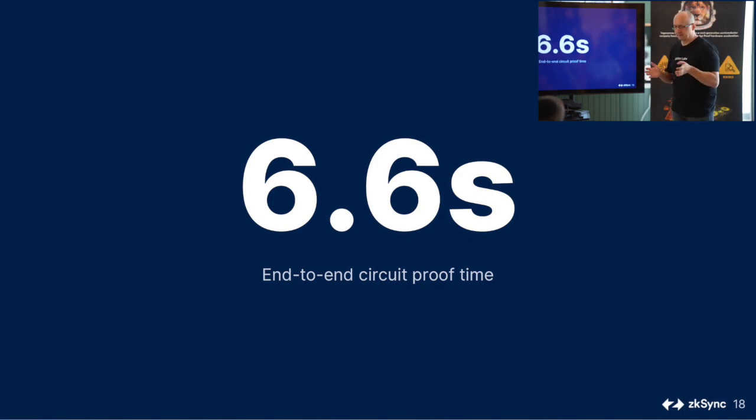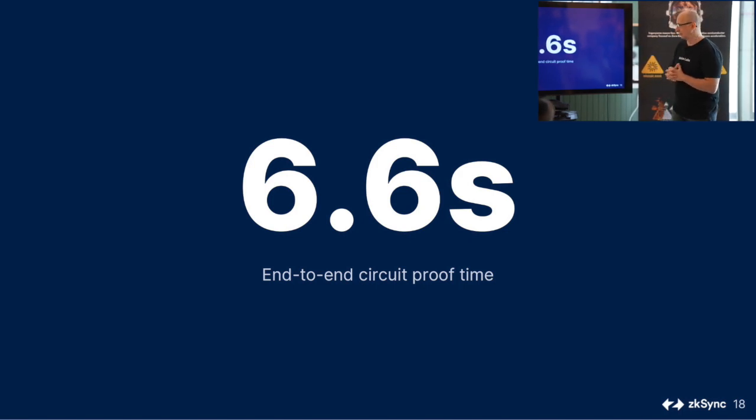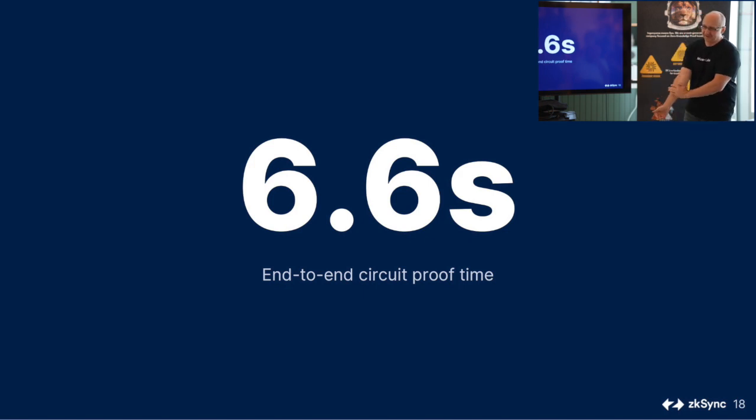So roughly, let's say 3 circuits per transaction. So you can start to compute from that how much a transaction actually costs. You'd take 2,000 divided by 750 to see what the cost of a transaction really is.